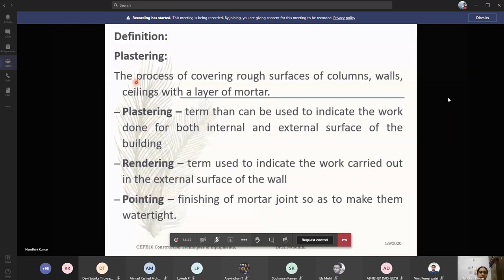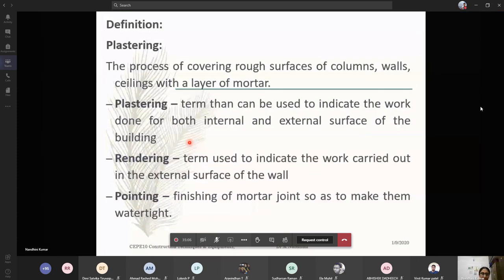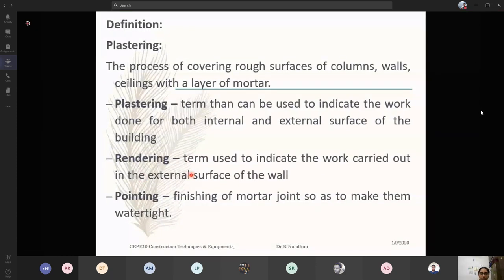The process of covering rough surfaces of columns, walls, and ceilings with a layer of mortar is called plastering. The term plastering can be used to indicate the work done for both internal and external surfaces of the building. Rendering is the term used to indicate the work carried out on external surfaces of the walls.